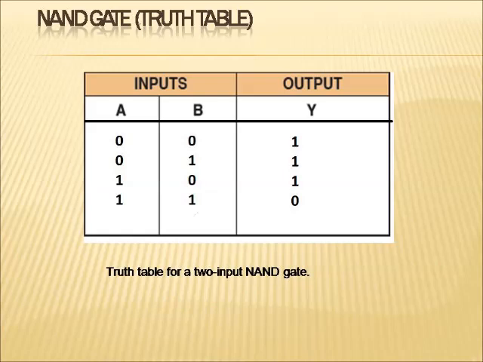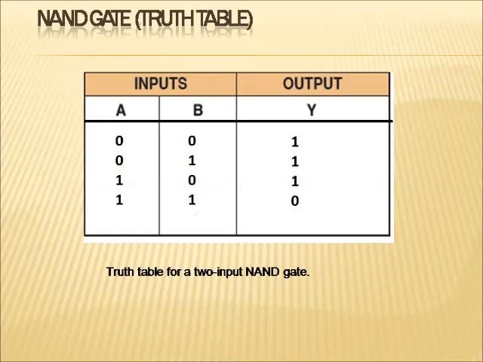So when we refer to the previous definition of the NAND gate, it produces a 1 output when any of the inputs are zeros.